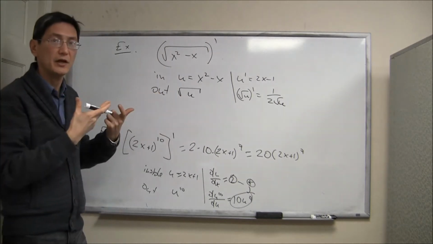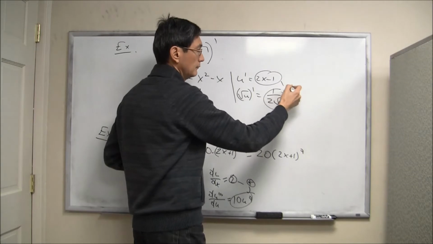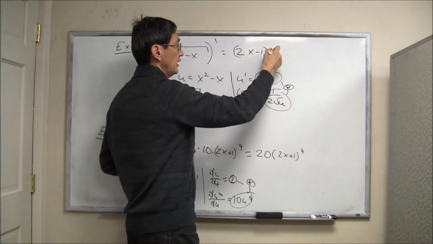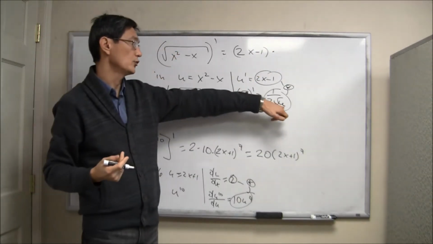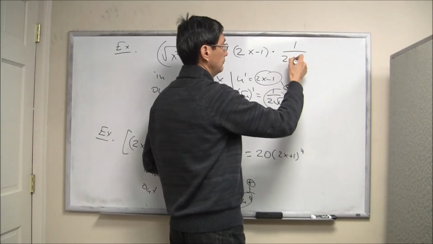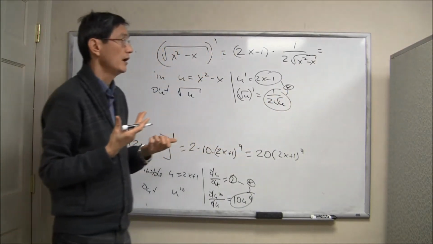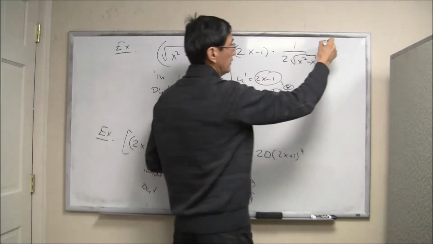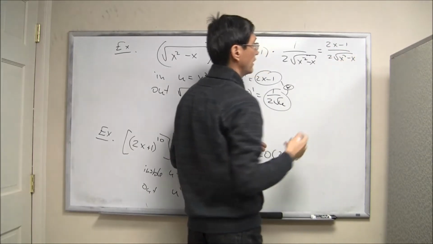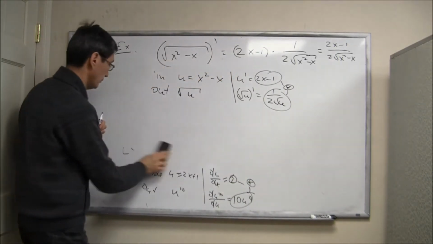And now we multiply these two. So the final answer is 2x minus 1 times 1 over 2 square root of u, and don't forget to plug in what u stands for, x squared minus x. And we have our answer. Maybe the only thing I'll do is combine that into one bigger fraction, but that's about it. So let me run maybe just one more.